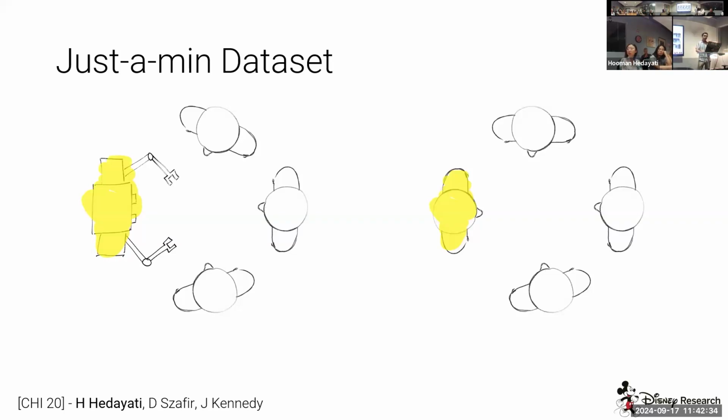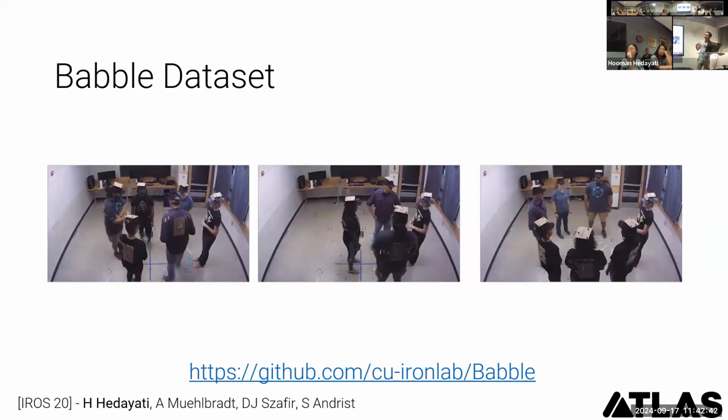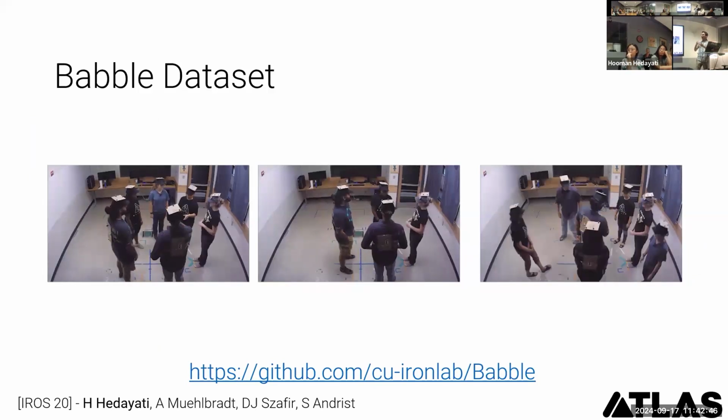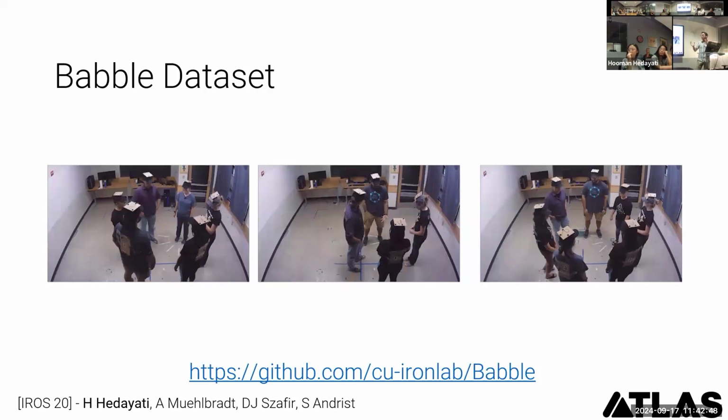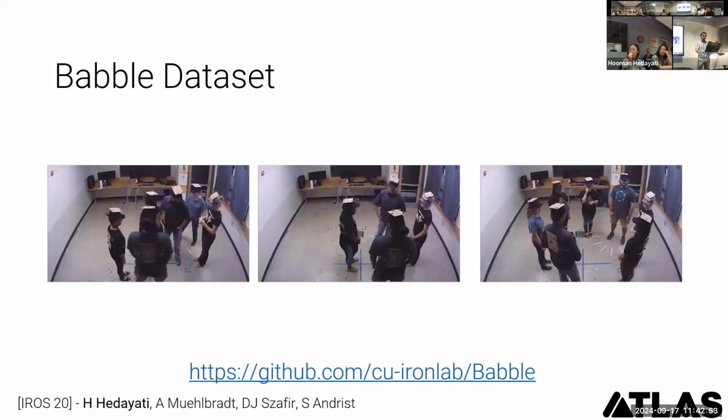The second data set is the Babel data set, collected at Atlas, where we were studying how people form a conversational group, and we recorded their head orientation and position while they were having a conversation.